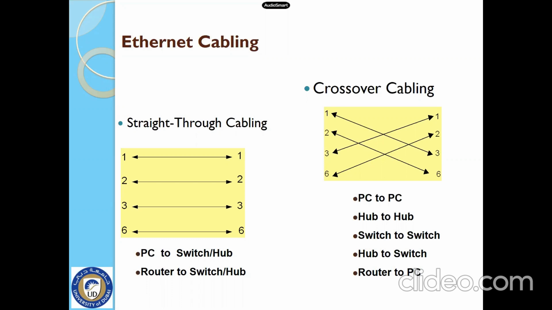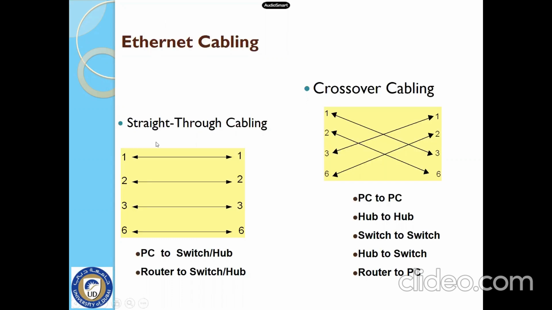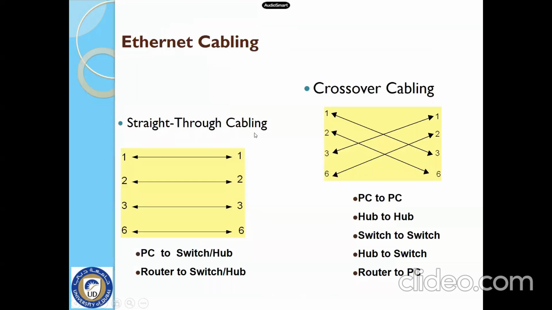Now, how to do the connection? Remember, we have 1 and 2, they are a pair. So 1 to 1, 2 to 2. Let's see, we have these numbers here and we have these numbers here. So if I want to connect from my computer to the Ethernet, I will use the straight through cabling.